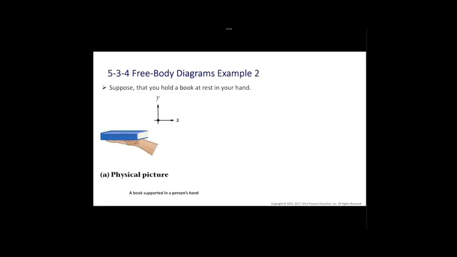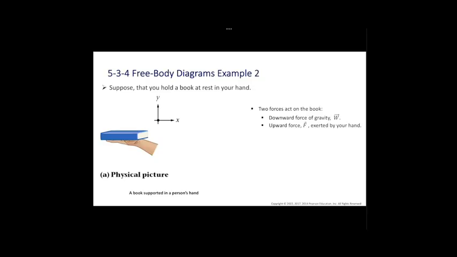Now let's see another example of how to draw a free body diagram for a one-dimensional system. Suppose, for instance, that you hold a book at rest in your hand. Now what are the forces acting on this book? First we have to identify the forces acting on the object.